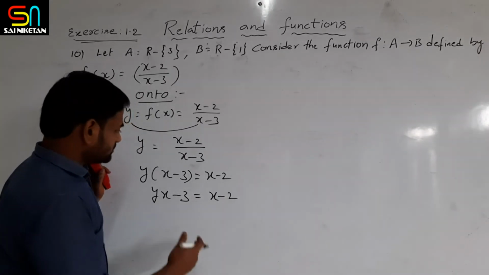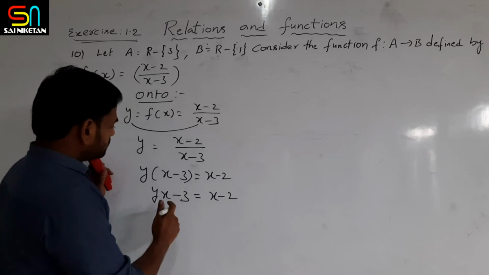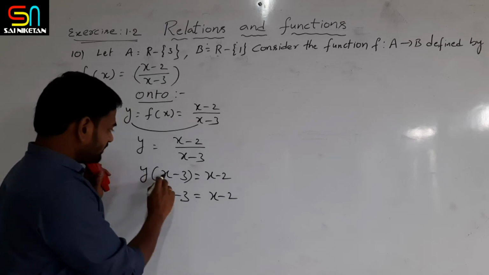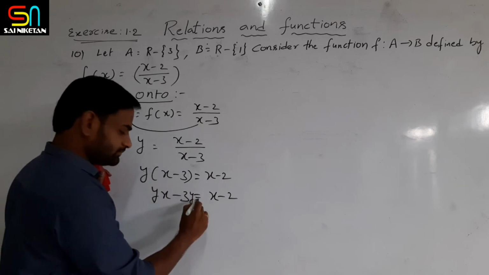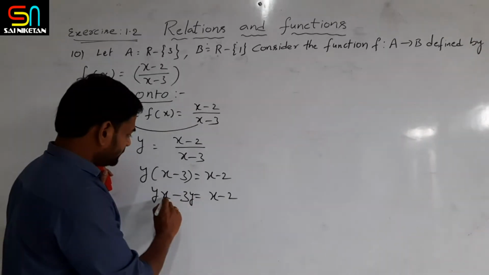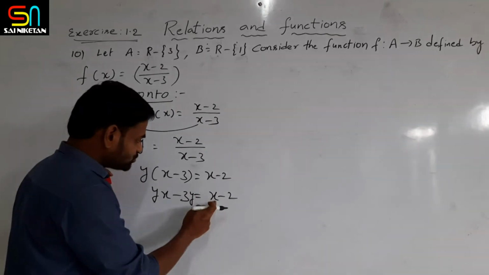Okay. Now see here, it is y into x, yx, and it is y into 3, 3y. Now send this 3y to the other side and x to this side.